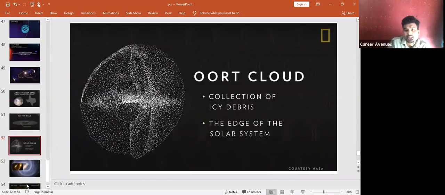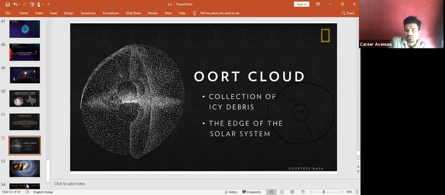Then on the outer limit, beyond the Kuiper belt, we have the Oort cloud. Again over here we have ice debris, and this marks the edge of the solar system. If you leave this Oort cloud region, you will be away from the force of the sun. Till the Oort cloud, we have some gravitational force created by the sun.